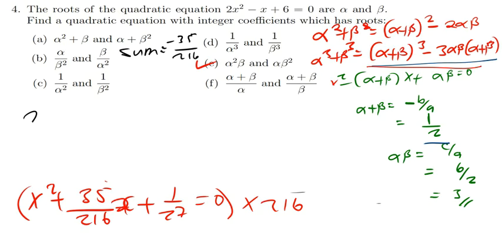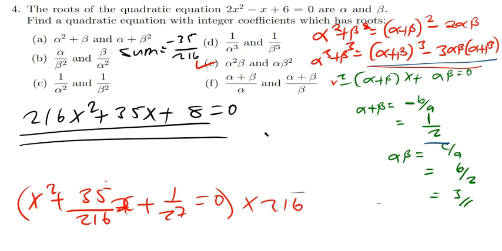So it will be 216x squared plus 35x plus, now 27 into 216 is 8, plus 8 is equal to 0. That becomes my function. So you go ahead and do this. It is basically the same as what I'm doing.